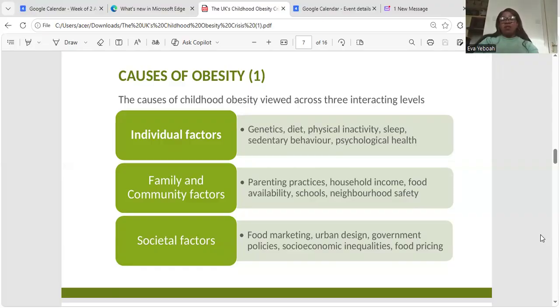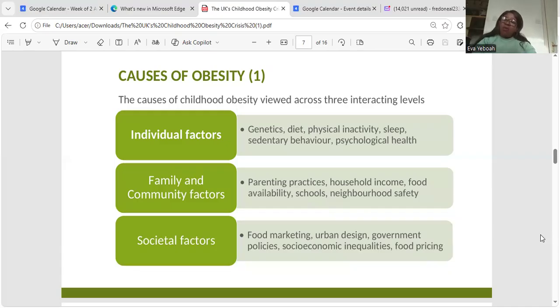The individual factors are genetics, diet, physical inactivity, sleep, sedentary behavior, and psychological health.